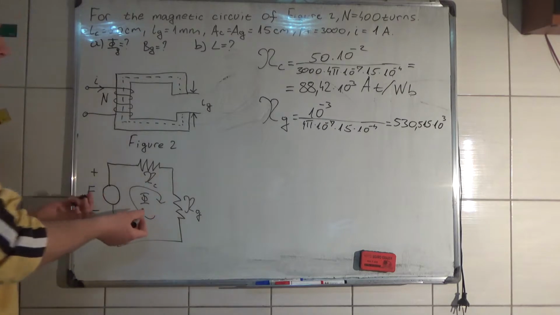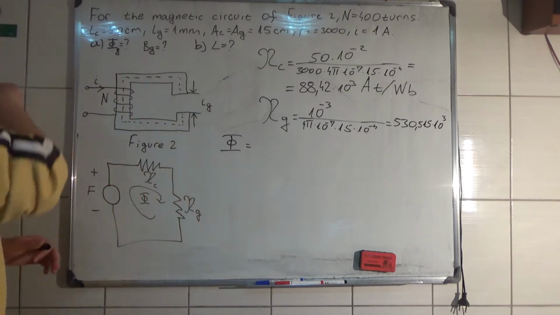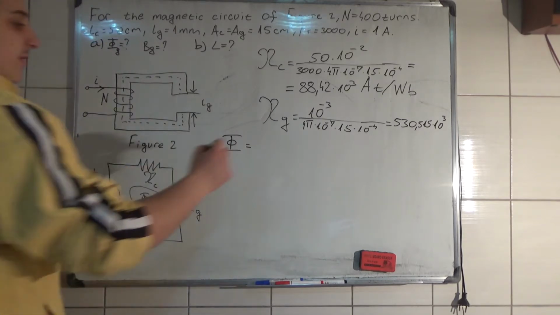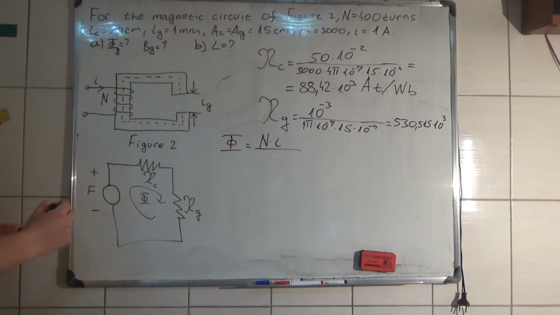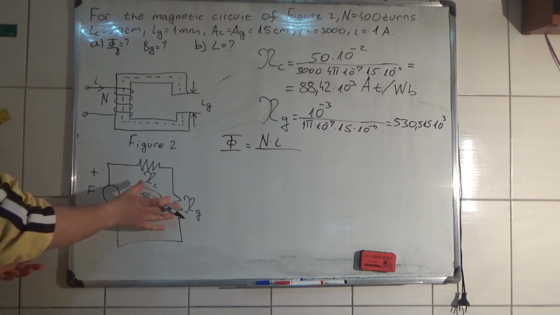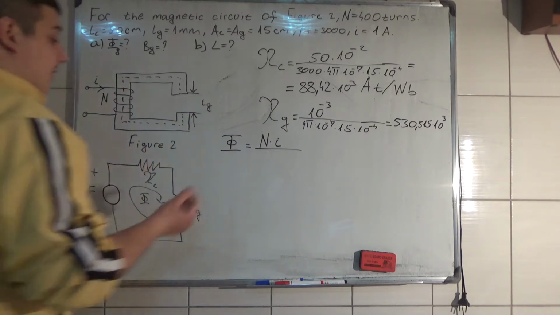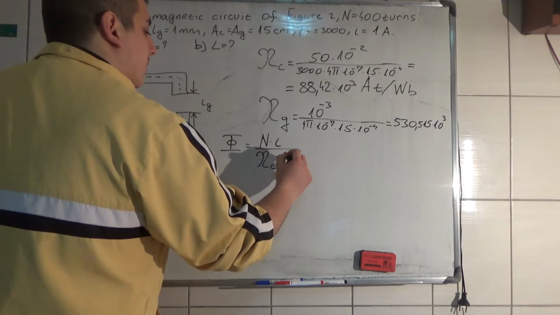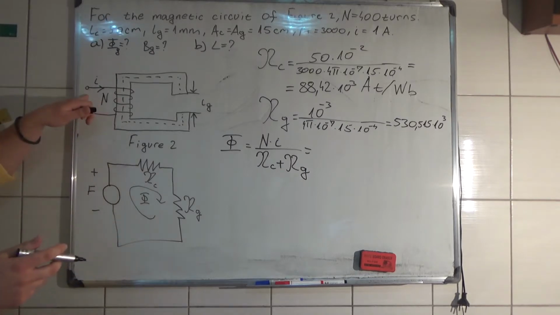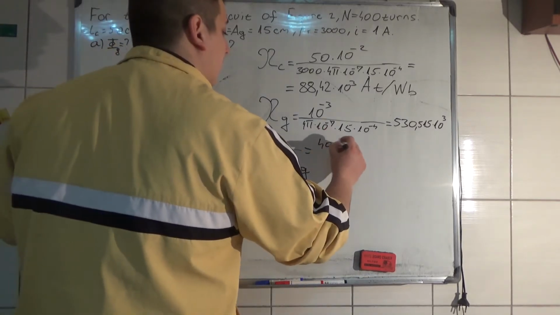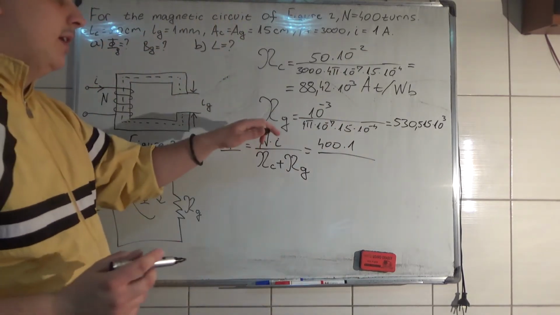Now we can calculate the flux. The flux is equal to the MMF, that is equal to N times I, divided by the series reluctance of these two reluctances. Now we have 400 turns on this coil times 1 ampere, divided by the sum of these two.